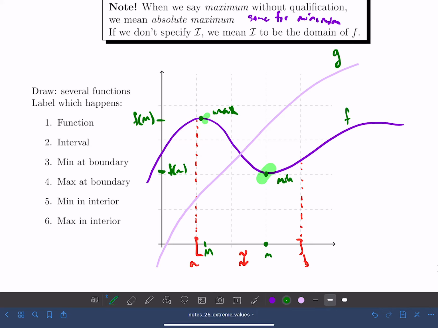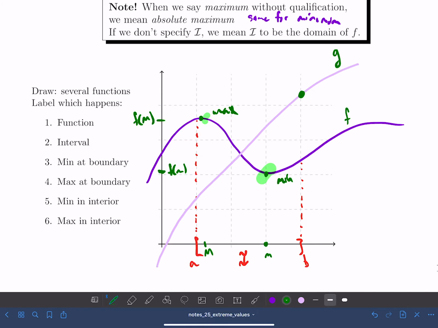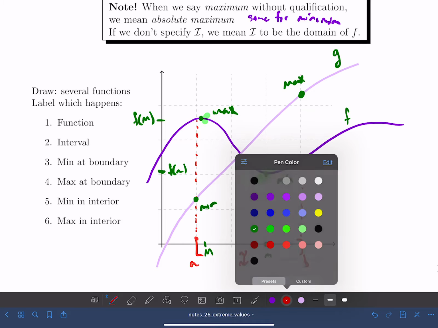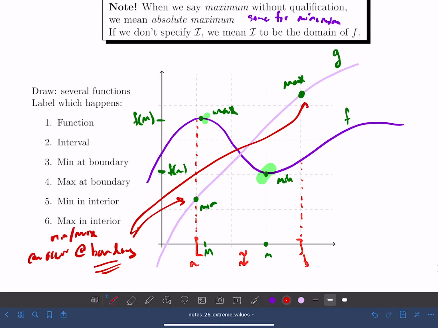They occur at the left and right, min and max. I'd like to highlight that fact right there and right there, this super important fact that the min or max can occur at the boundary. It's really important to pay attention to that fact as we do this process.